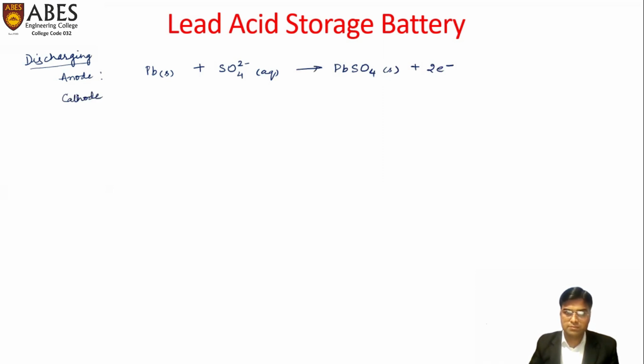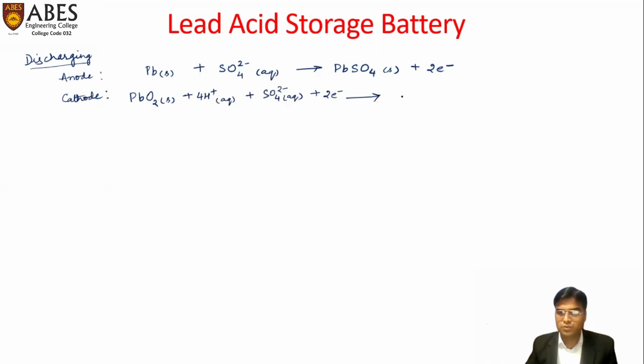At cathode, which is having lead oxide, it converts to lead sulfate.